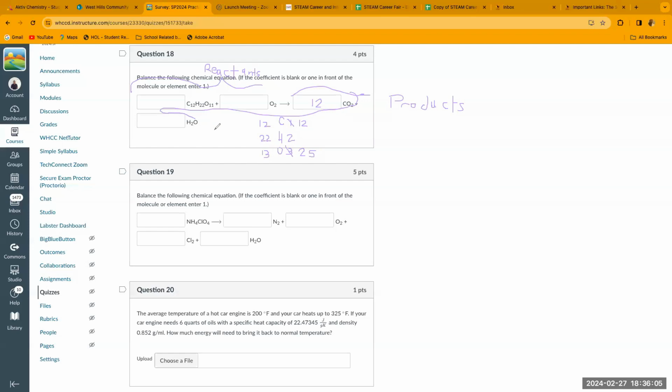Now, what do I need to do to balance out my hydrogens? I have 22 on one side and I have 12 on the other. That's right. I'm going to multiply 11 times the waters. So we have 11 waters. So 11 times 2 is 22.